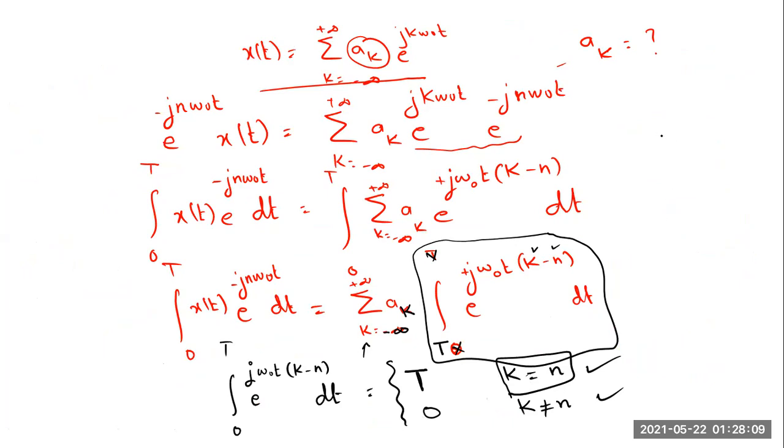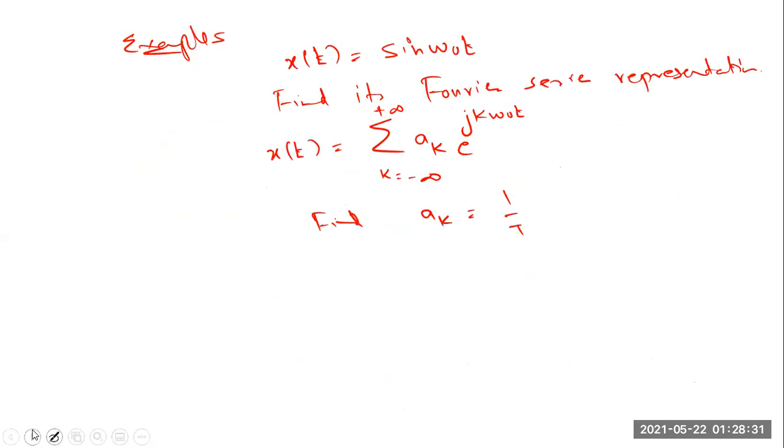Just to be more specific, you can start from T, and in order to cover the whole time period, you must go up to 2T. If you start from minus T, you must stop at 0. If you start from minus 2T, you must stop at minus T. So you can see this whole interval is over one period. This is something that I forgot to mention.